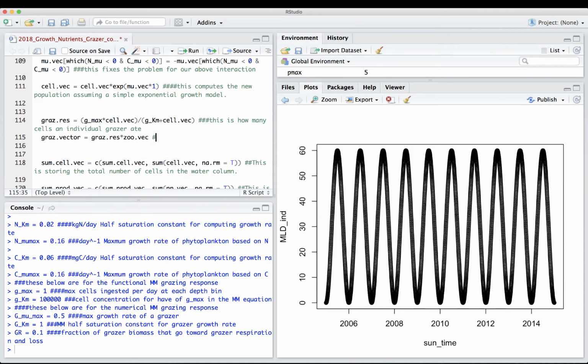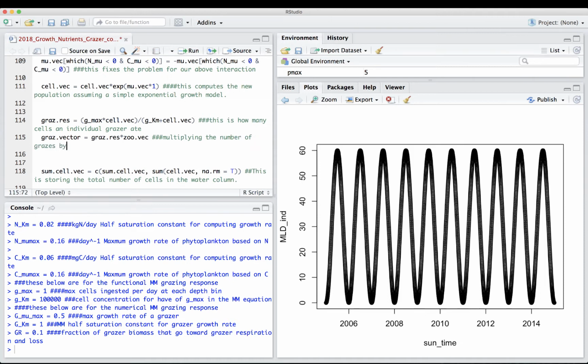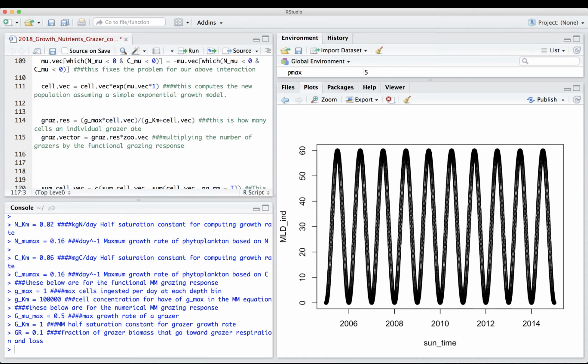Okay, so here we're just multiplying the number of grazers by the functional grazing response.